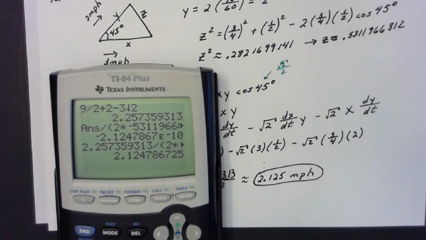So whenever this problem happens, where one person is walking 3 miles per hour east and the other person is walking 2 miles per hour northeast, then at the instant 15 minutes after they started walking, they're moving away from each other at a rate of 2.125 miles per hour. Now that is only the rate of change at the instant of 15 minutes.